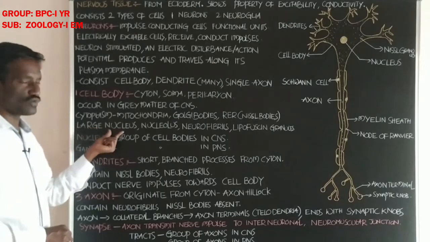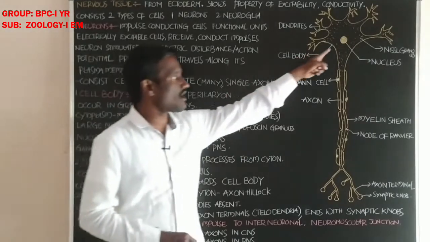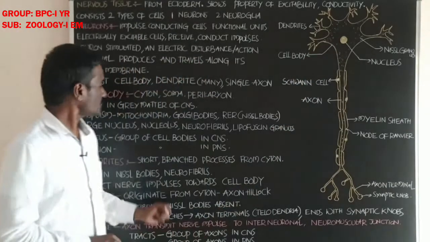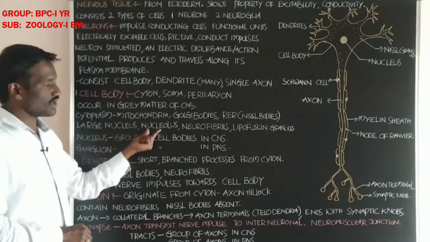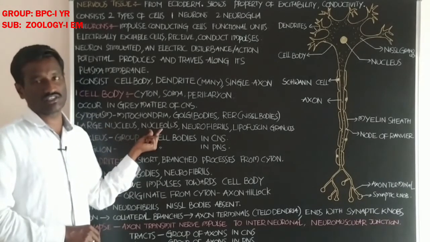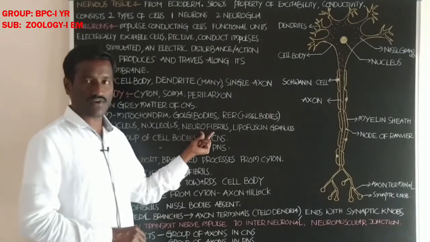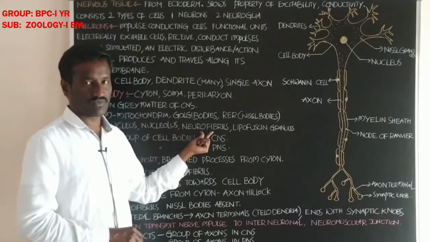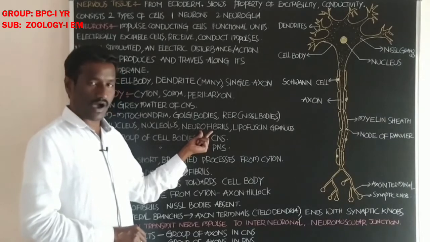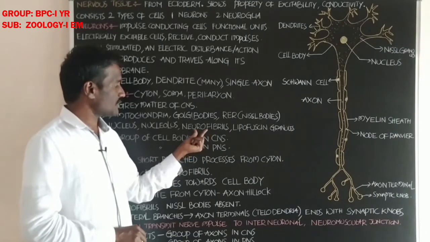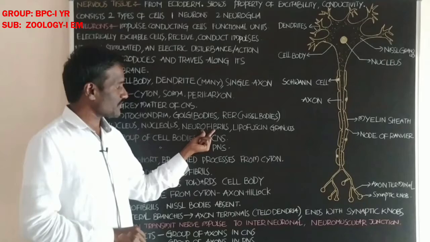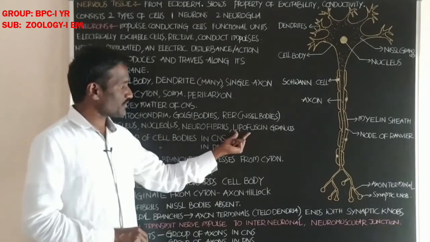Next, a large nucleus. Students, it is a large nucleus. Next, a distinct nucleolus is also present. Neurofibrils are fine microfilaments formed by proteins, present in the cytoplasm.